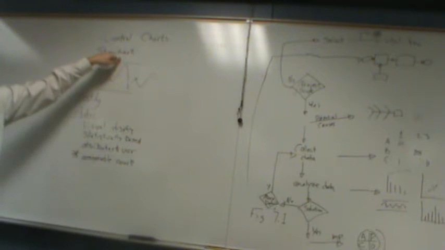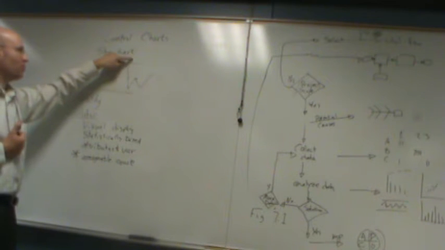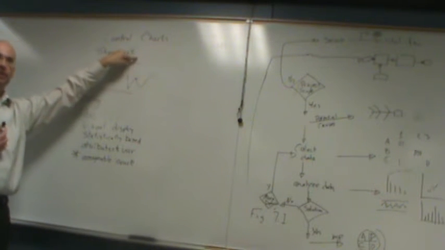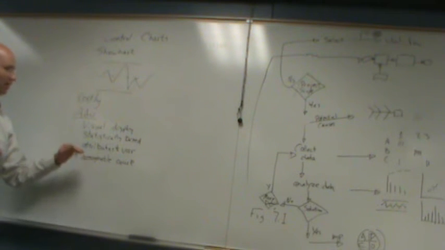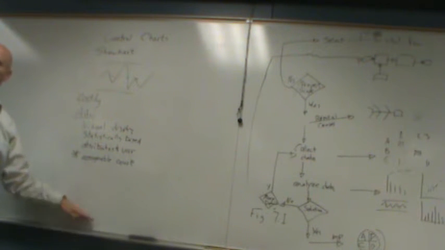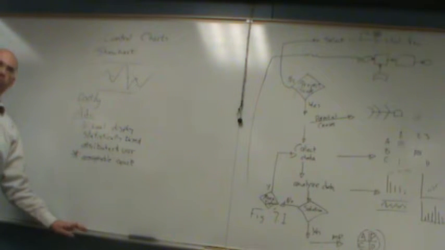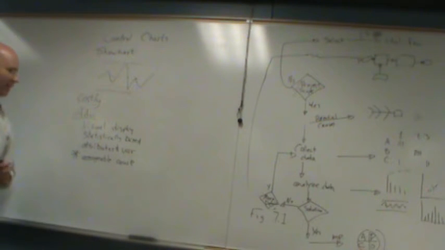Now if you have 2 or 3 outside the control limits, that's becoming very, very rare, and you might want to shut down your process to fully understand that. So assignable causes can be things such as machine drift, tool wear out, material changes, things of that nature. But that is the biggest advantage of that.